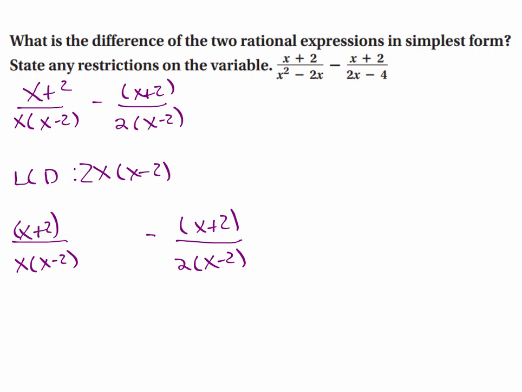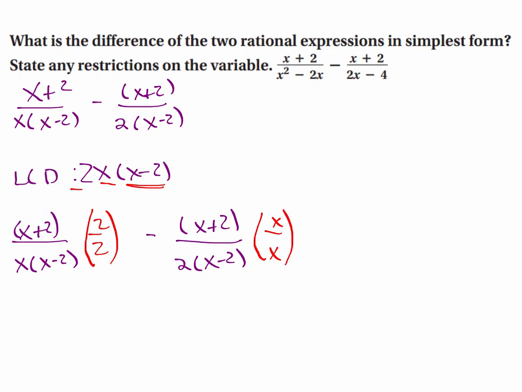Now what do I need to multiply this x times x minus 2 by to get my least common denominator? Well, I need to multiply by 2 over 2, and that's all. What do I need to multiply 2 times x minus 2 by to get 2x times x minus 2? Well, that one's not too bad either. X over x.